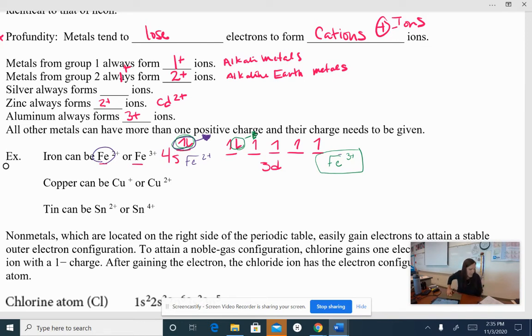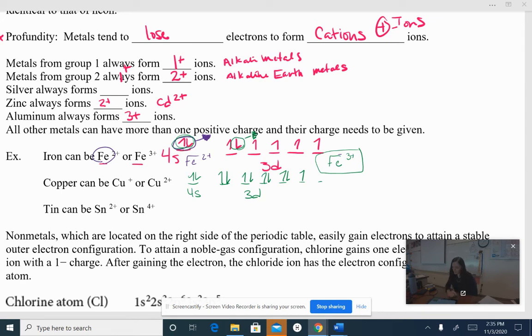Okay? Now, for copper, we will have something similar going on. Let's do this. We will have 4s, 1, 2, and 3d. Let's see, 1, 2, 3, 4, 5, 1, 2, 3, 4, 5, 6, 7, 8, 9.